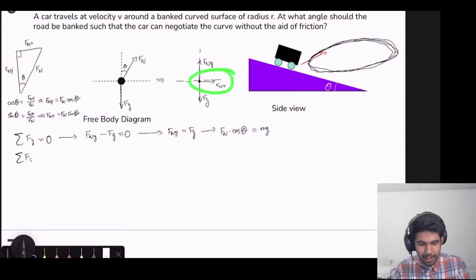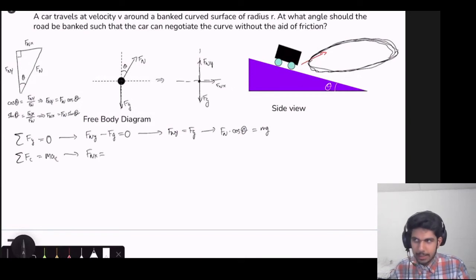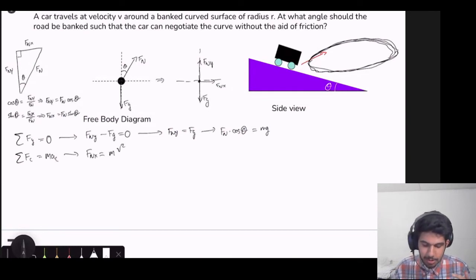That is Fnx. So we have Fc equals m ac. So Fnx equals m ac, but we know that ac is equal to v squared over r, so m ac is m v squared over r.